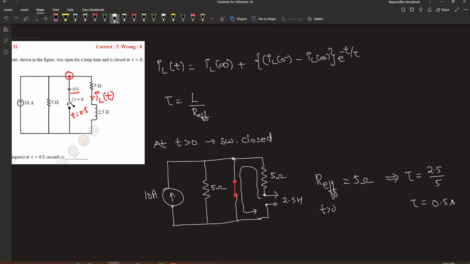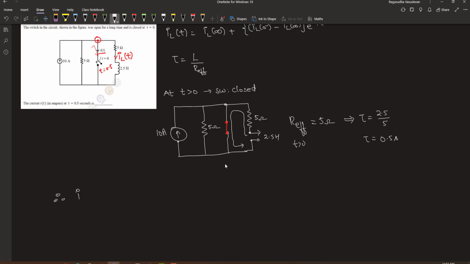We are asked to find out the value of the current that is passed through this switch. Therefore, I of 0.5 second is equal to the total current supplied. Let us denote it as Is. So this is Is minus IL of t at 0.5 second.